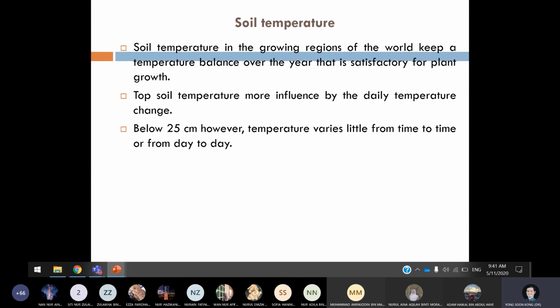Now, why is that a concern? If microbial activity is kept at a dormant state due to low temperature, the nutrients will not be recycled. Most of the nutrients in the soil are recycled.